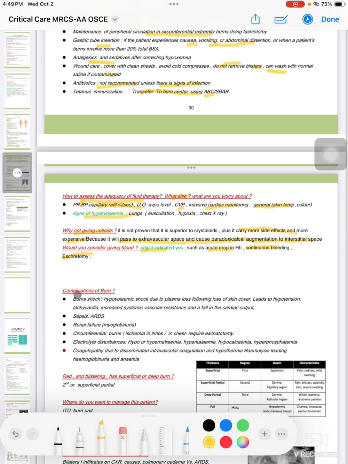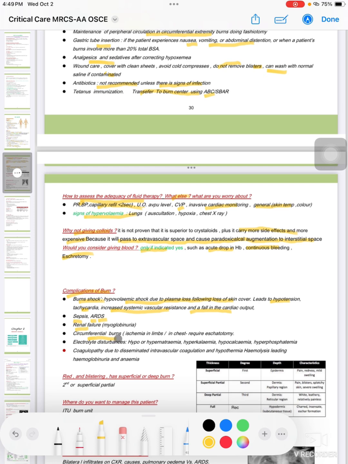Now I would like to share the complications of burns. Shock: hypovolemic shock due to plasma loss following loss of skin cover, leading to hypotension, tachycardia, increased systemic vascular resistance, and a fall in cardiac output. Then sepsis and acute respiratory distress syndrome can occur. Renal failure.